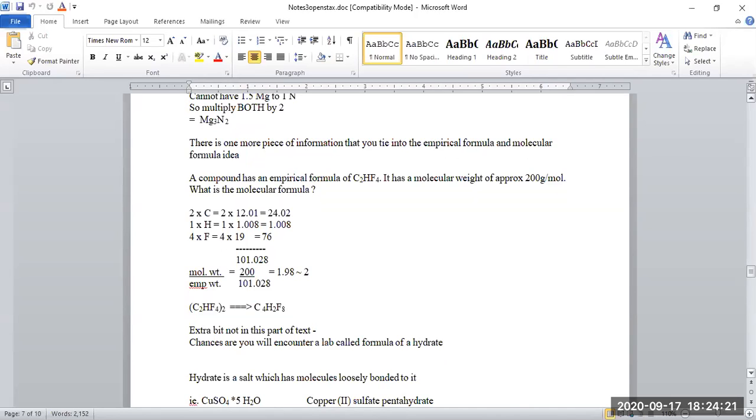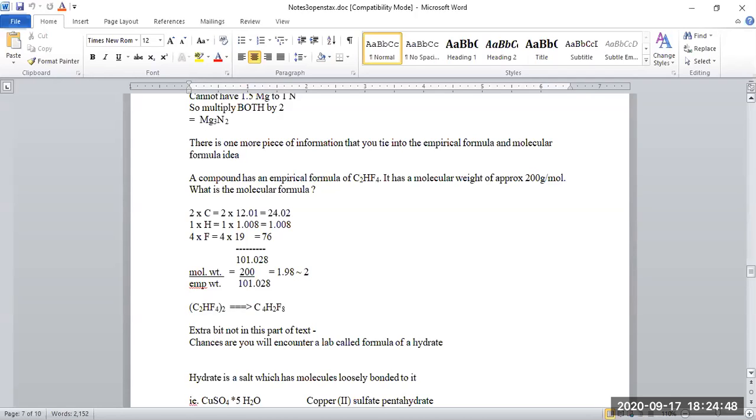Well, I need to figure out what would it actually weigh if in fact I did only have exactly what's written, 2 carbons, 1 hydrogen, 4 fluorines. So I did my little laundry list, 2 C's, 1 H, 4 F's, looked up my values on the table, 12.01, 1.008, 19.